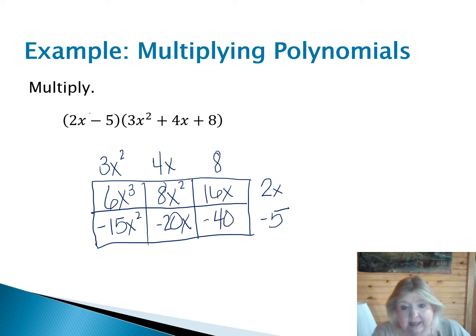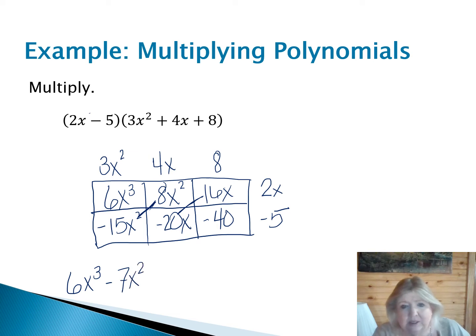Now you get to see the answer to why I wanted to put this on the right-hand side instead of the left. If you'll notice, my like terms are on these diagonals. So I bring my 6x cubed down, and that 2x minus 5 is not in my way. Negative 15x squared plus 8x squared is negative 7x squared.